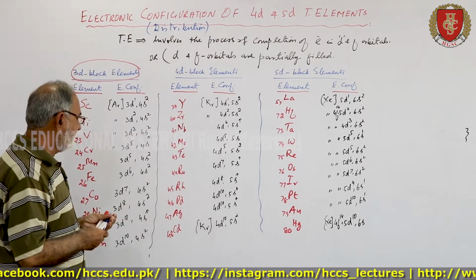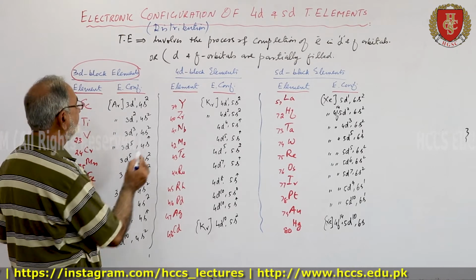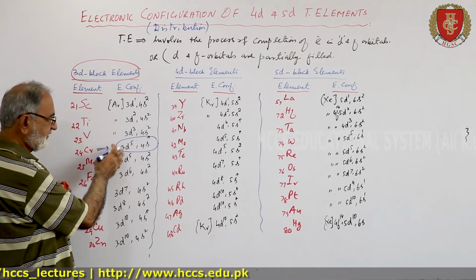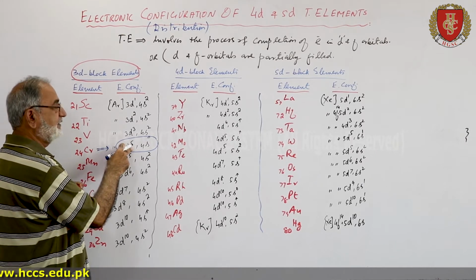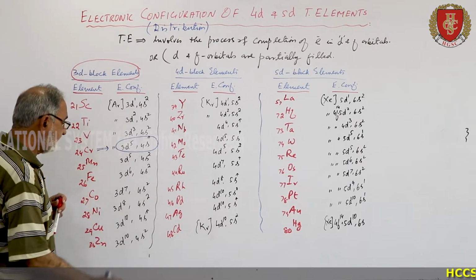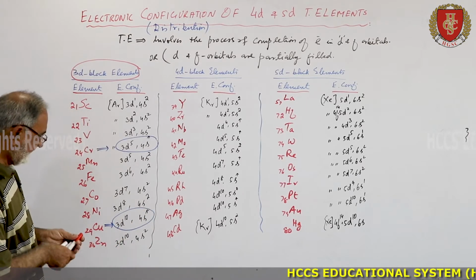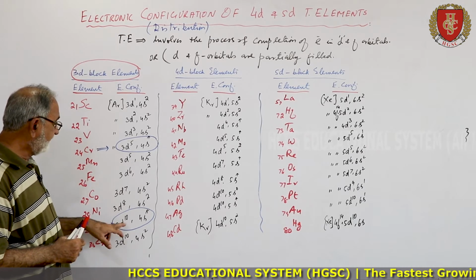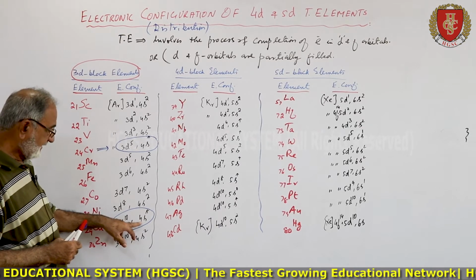Now if we compare this, that is chromium, here the extra stability is gained due to the half filled d orbital and half filled s orbital. And similarly if we consider copper, here again extra stability is gained with the complete d orbital and half filled s orbital.